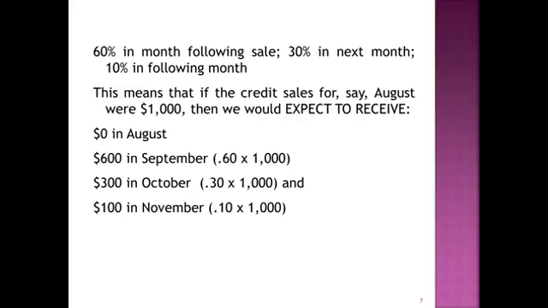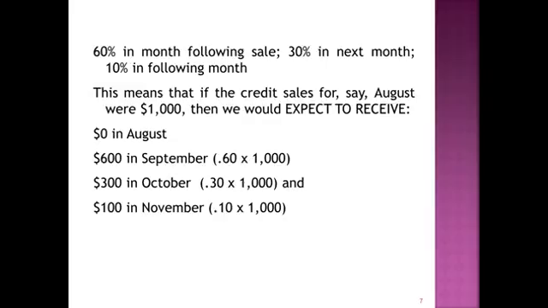To explain this a little further, if credit sales for August were $1,000, then we would expect to receive nothing in August, because the first 60% comes in the month following the sale.